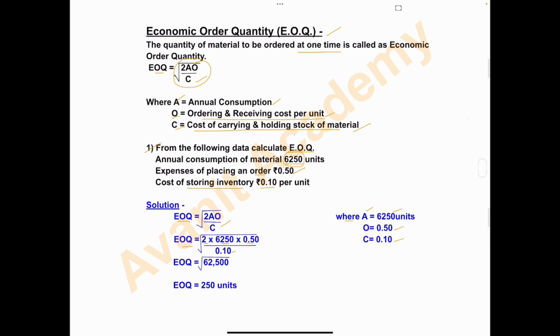First multiply and divide it by 0.10. 2 into 6,250 into 0.50 divided by 0.10 and you will get 62,500. Calculate root of this amount and the final answer is 250. So the EOQ is 250 units.